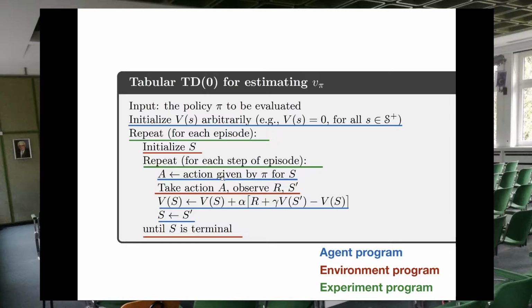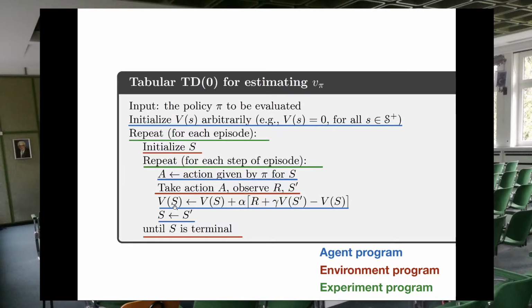So you select an action given by the policy that you are following for the current state S. Once you select the action, you execute it, you observe the reward you get, and you observe the next state, S prime. Once you have this reward and the next state, then you can apply the rule.